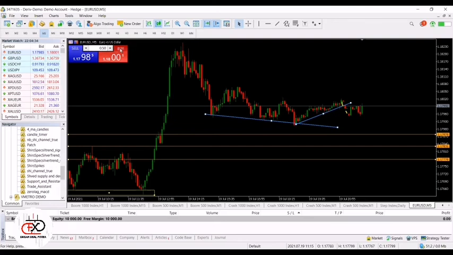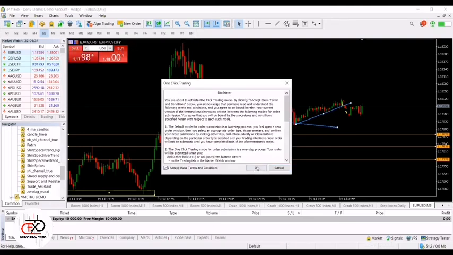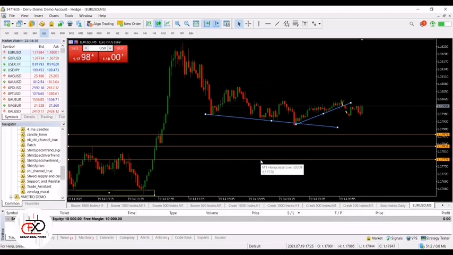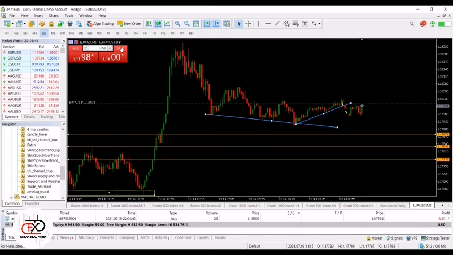For example, you just click a buy. Now the buy, you realize that it is directly in negative. So the spread is the first thing that will be taken out of it.